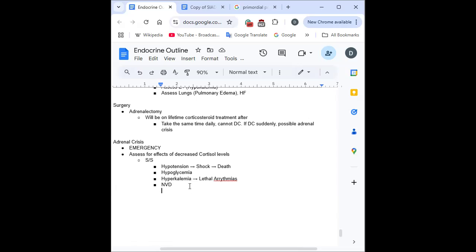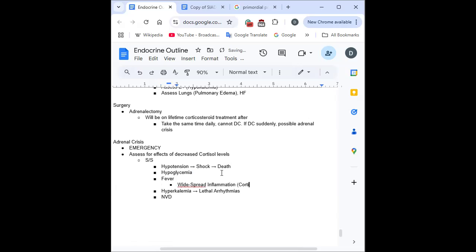I think this one's important too. We're going to go with fever, and the rationale for that is that if you recall, your cortisol, your steroids, are used to decrease inflammation. So if you don't have them in your body, if they're too low, then your body has widespread inflammation, and that can lead to fever.